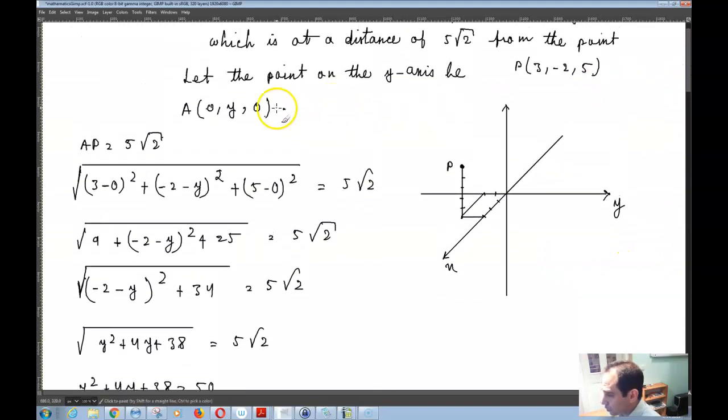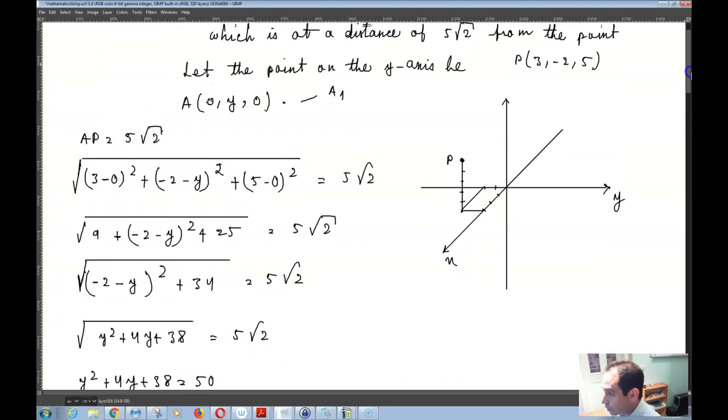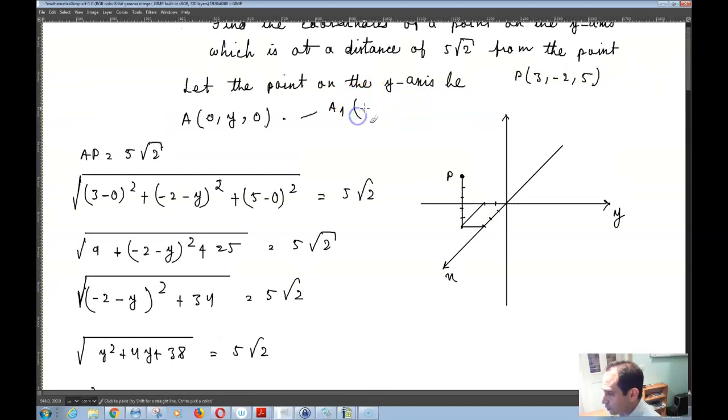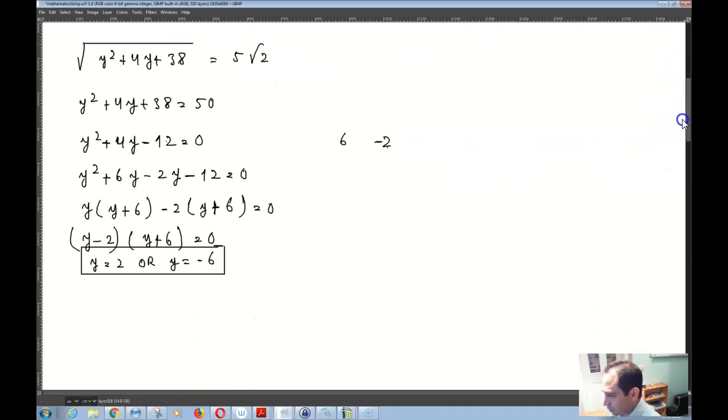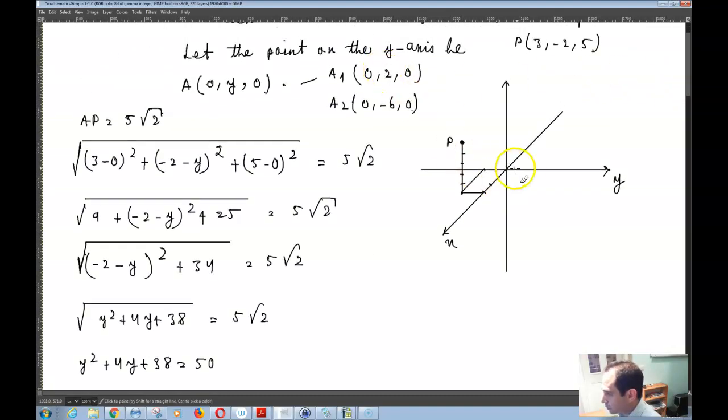So the point would be either A1, for example, 0, 2, and 0. And A2 would be 0, negative 6, 0.